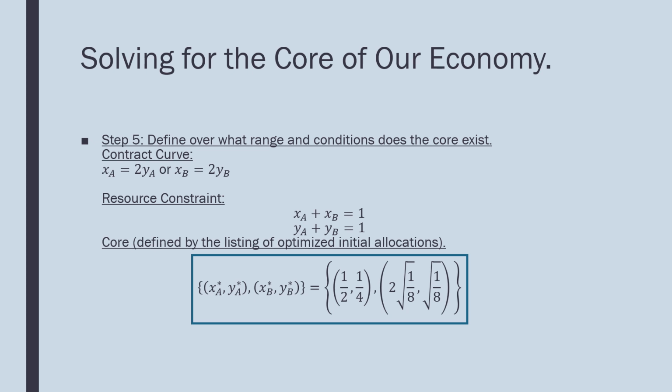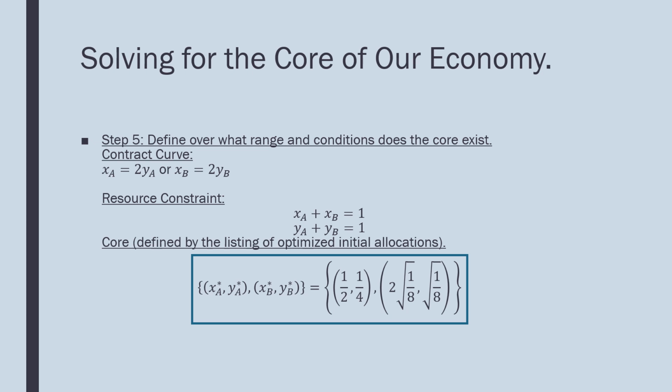We are going to have a resource constraint here, which is going to define the size of our economy that we're dealing with, and then we're going to define what exactly the core is, which is going to communicate the end points of this allocation, where we start, and from there we work inwards.